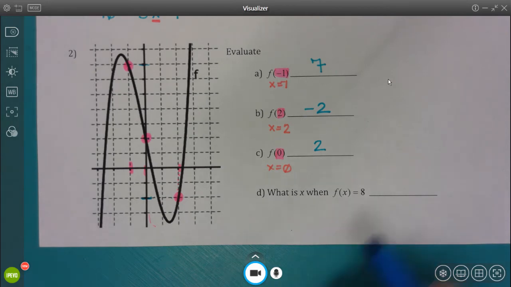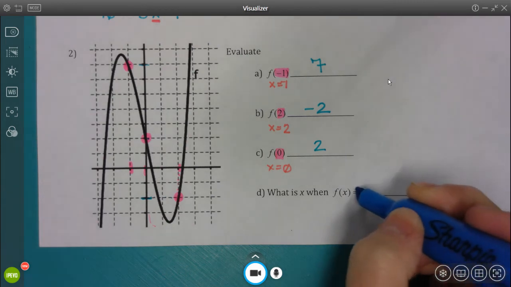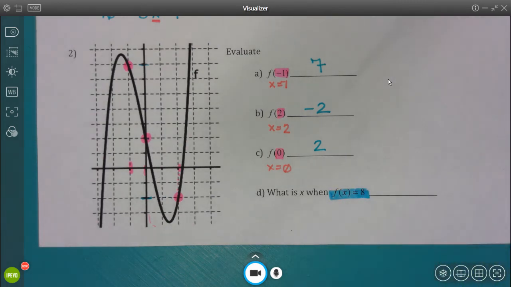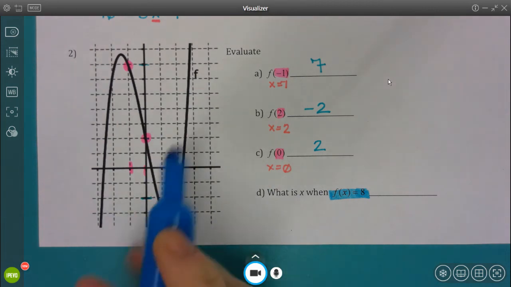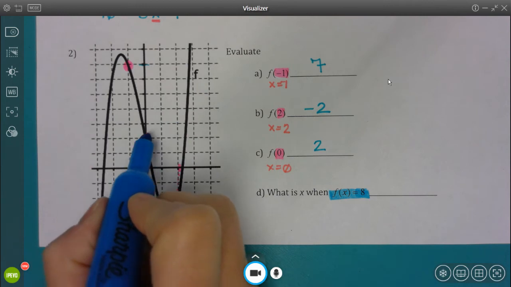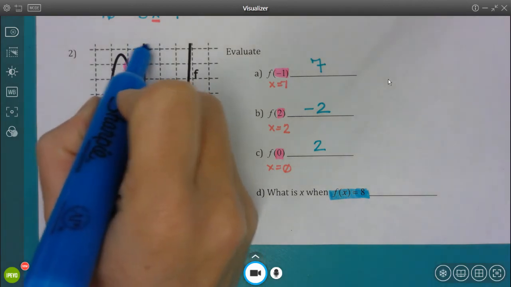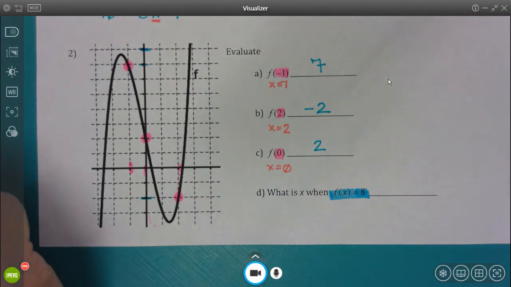Part D is different because I've told you the output value is 8. So now I need to go up to 8. 1, 2, 3, 4, 5, 6, 7. Here's where the output value is 8.